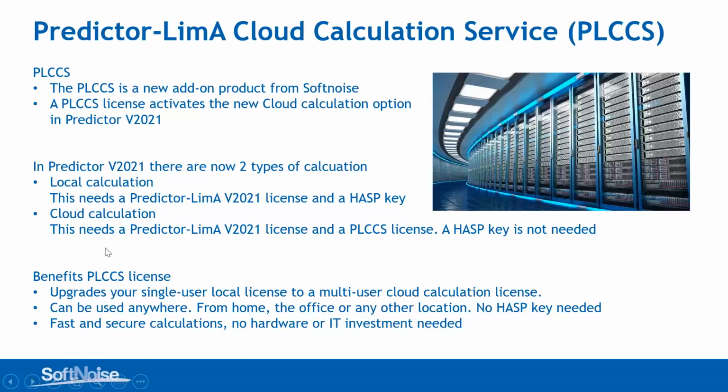The benefit, of course, is that it upgrades your single user local license to a multi-user cloud license. Like I explained, you can use it anywhere, from the home, the office, or any other location, and you do not need a dongle. Fast and secure calculations, and you do not need additional hardware or IT investment.